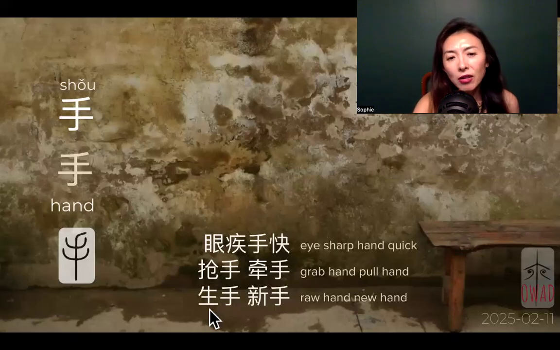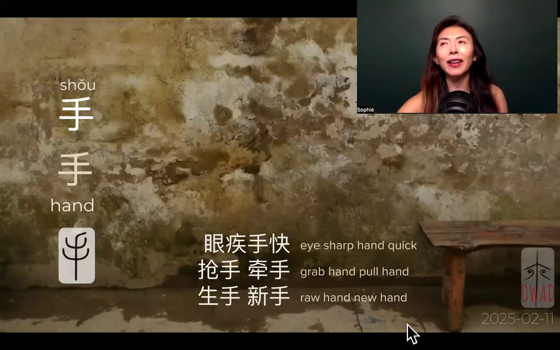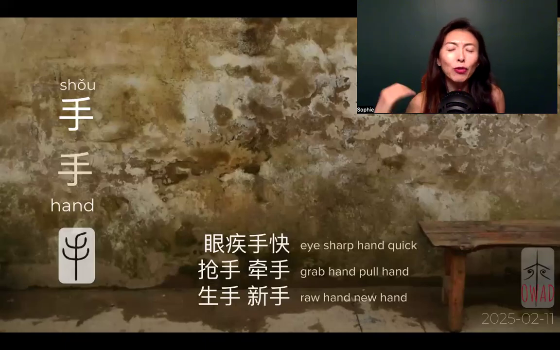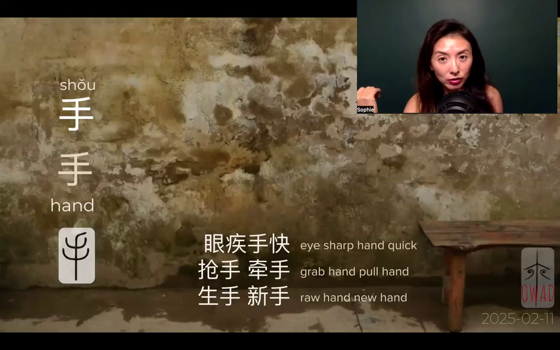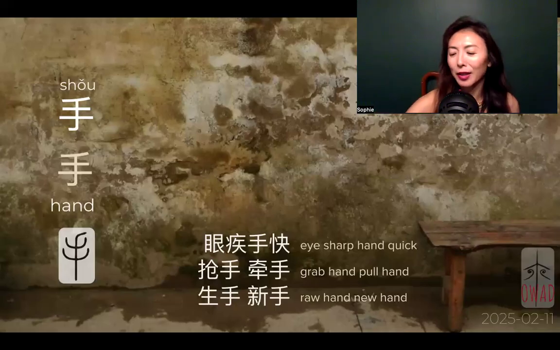Okay, 生手, 新手, raw hand versus new hand. These two are related, and I was thinking hard, what's the difference? Because both of them mean a newbie. So when we say 生手, and we have to create another term, 新手, there's got to be a distinction. Otherwise, there's no value in the existence of each other, right?